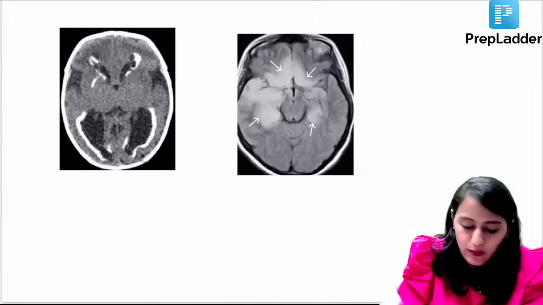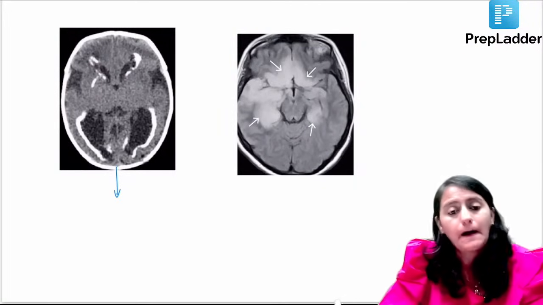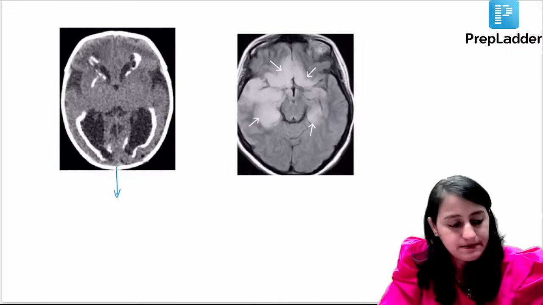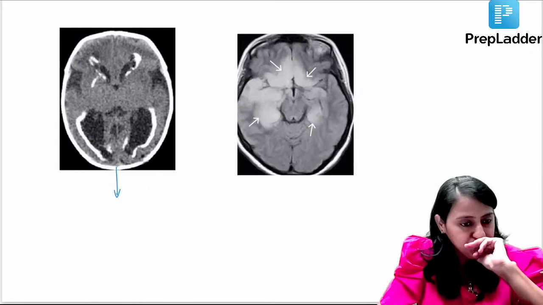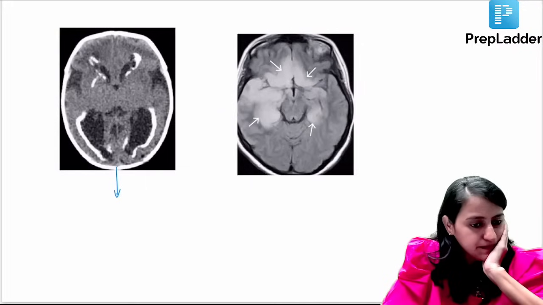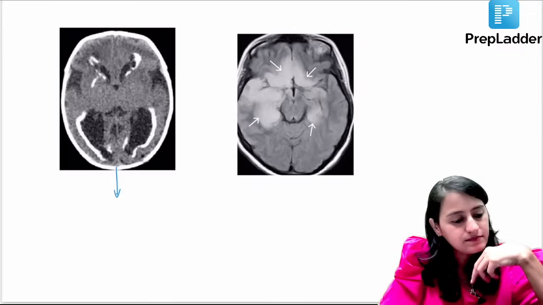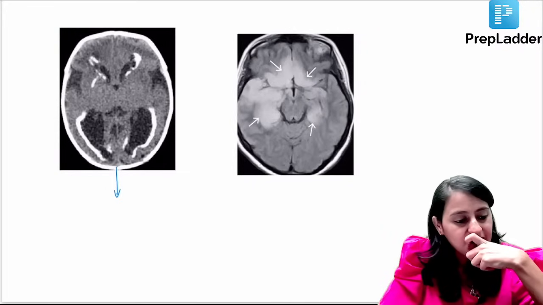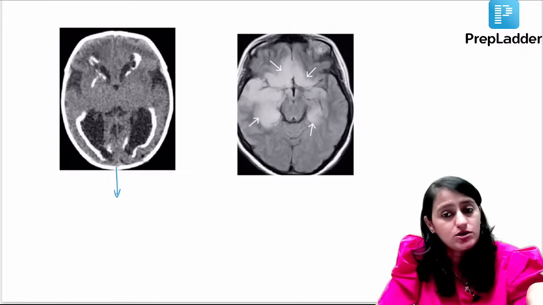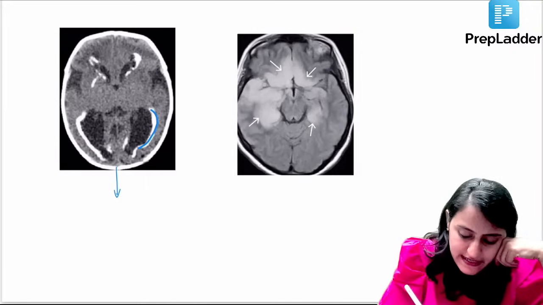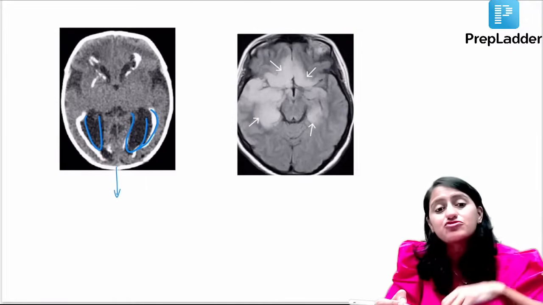Next one, what is this condition here? What congenital infection is this? You can see this white calcification surrounding the ventricle.